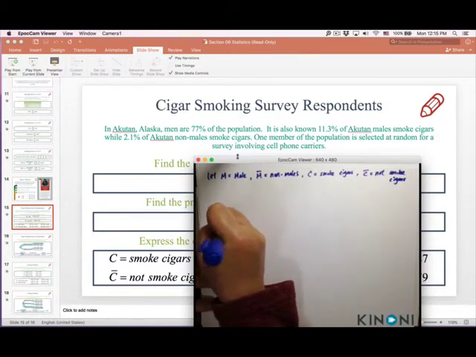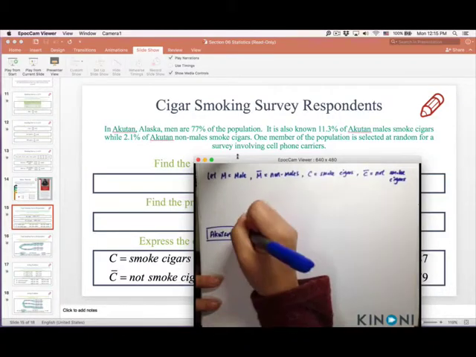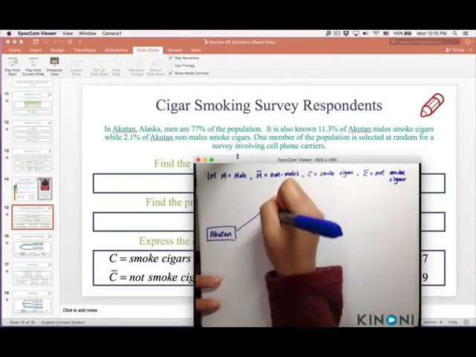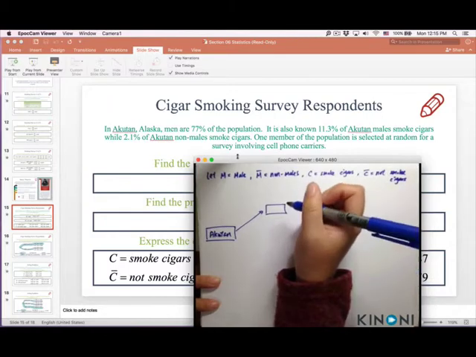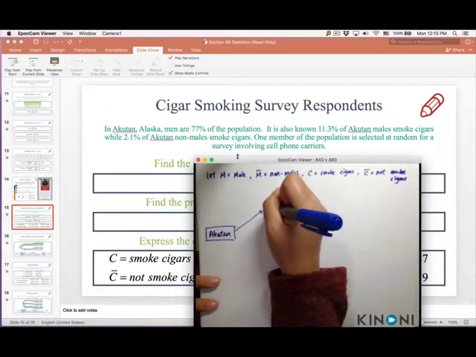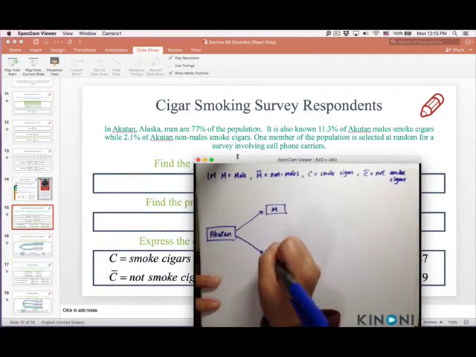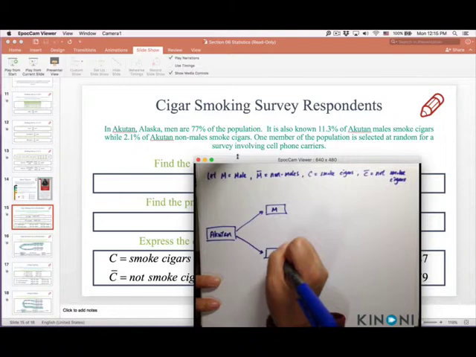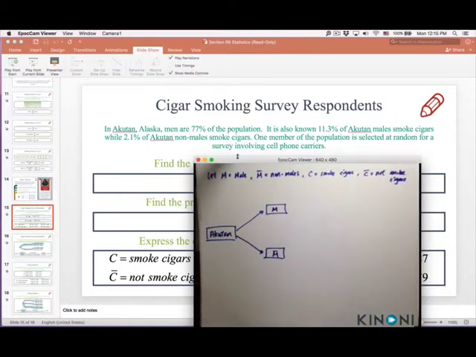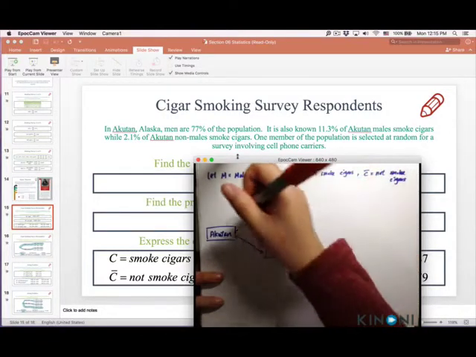In Akutan, in this population, we have the male, and also we have non-males. The first sentence here says men are 77% of the population.